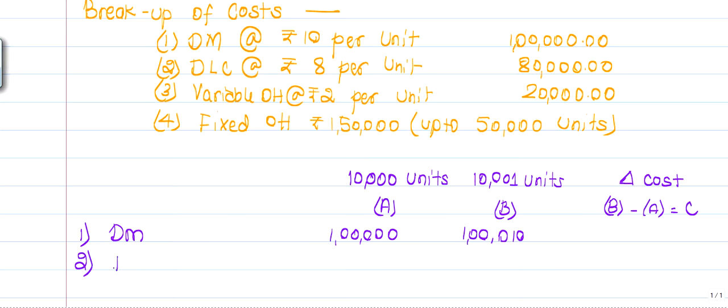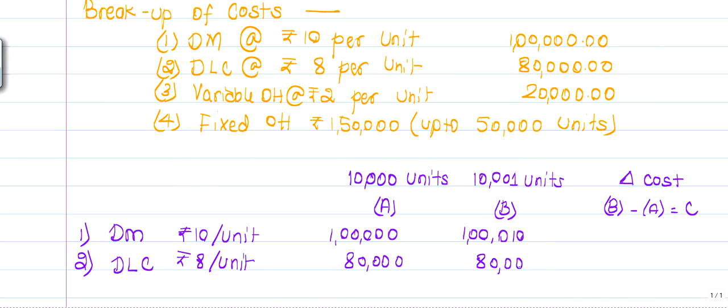Number 2, direct labor cost, is rupees 8 per unit, so it will be 80,008 here, a change of 8 rupees.